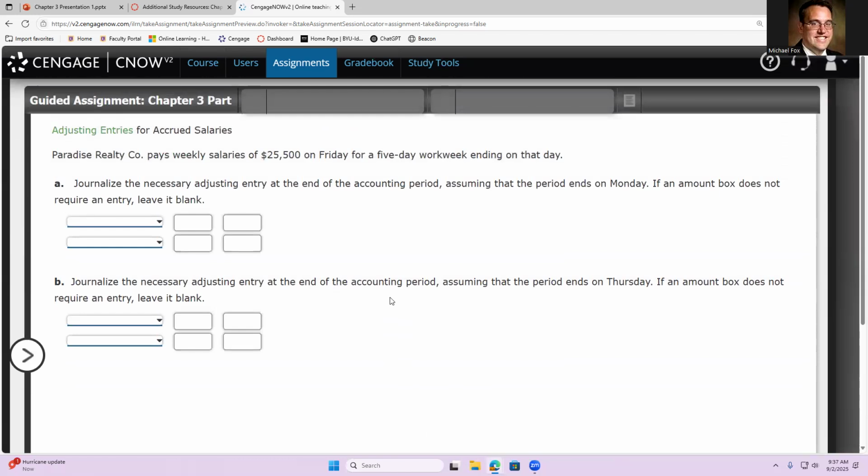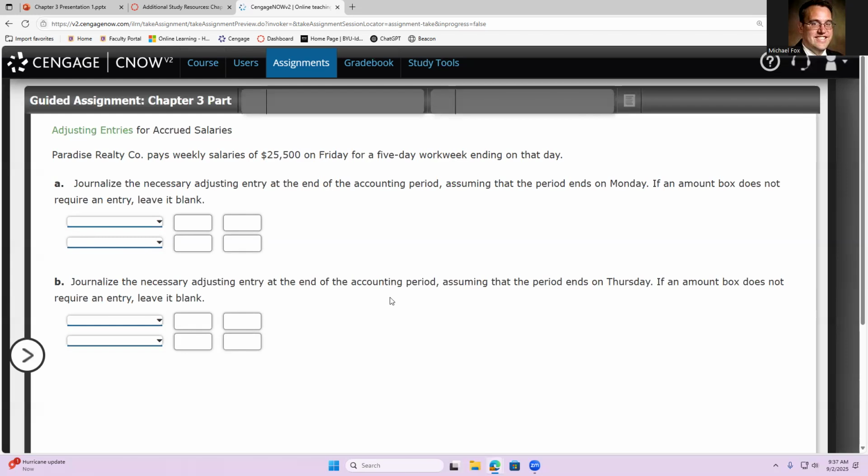All right, Paradise Realty pays weekly salaries of 25,500 on Friday for a 5-day work week ending on that day. Journalize the necessary entry at the end of the accounting period, assuming it ends on Monday. So that's just one day's worth then, right?